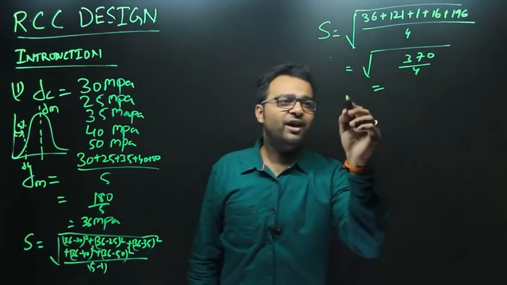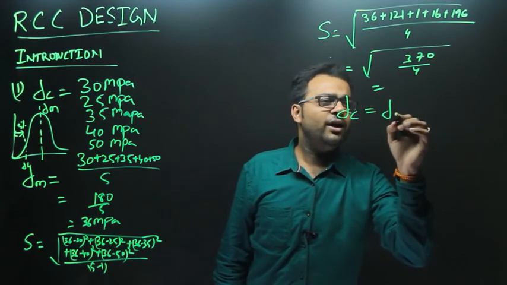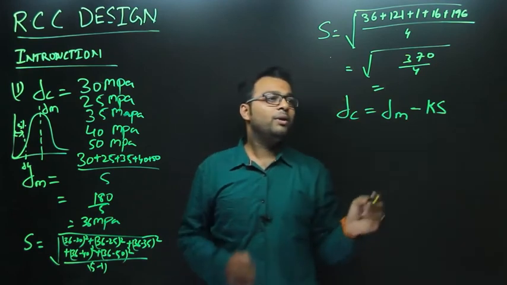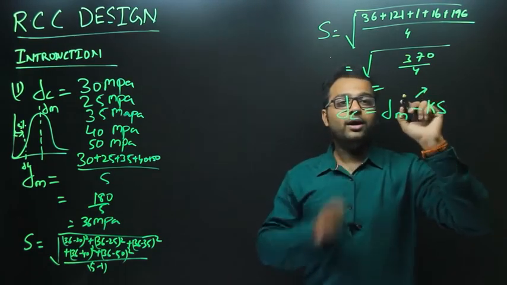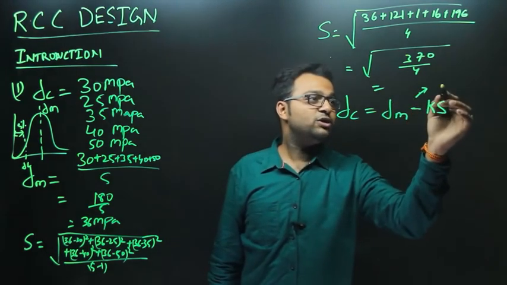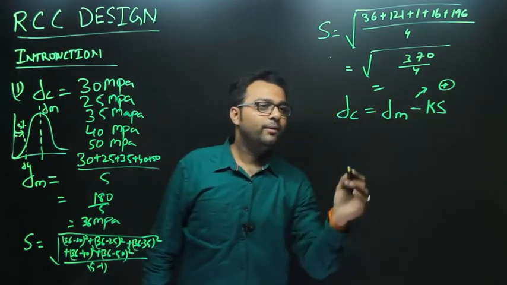And then if I calculate Fc, it will be Fm minus K times S. Remember, this is negative for concrete, this property, material strength, and it will be positive for loads. Okay.